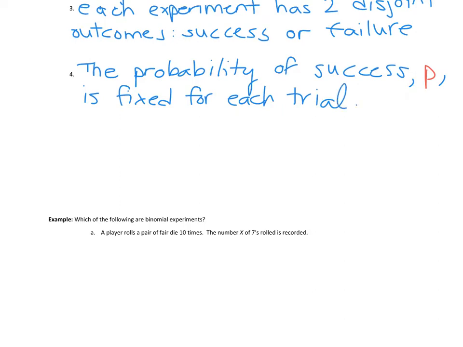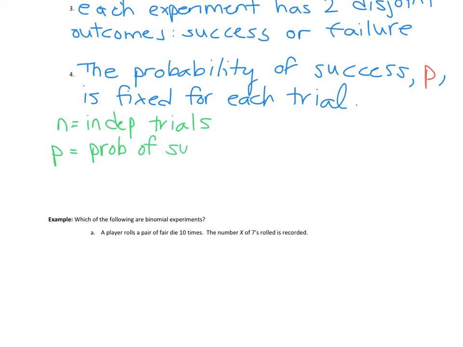So to summarize, for a binomial experiment, we have n independent trials. p is the probability of success.